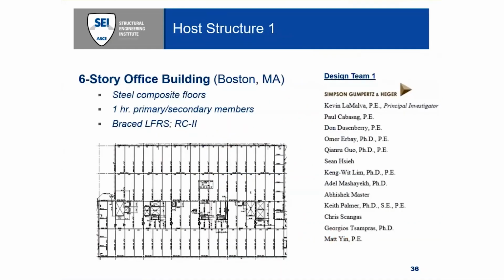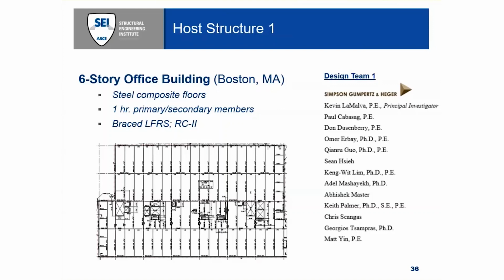Representing the eastern region of the United States, our team analyzed a typical steel frame office building that was built in the early 2000s. The building has 6 stories and approximately 24,000 square feet per floor. This building prescriptively requires all steel framing, including the roof, to have a 1-hour fire resistance.